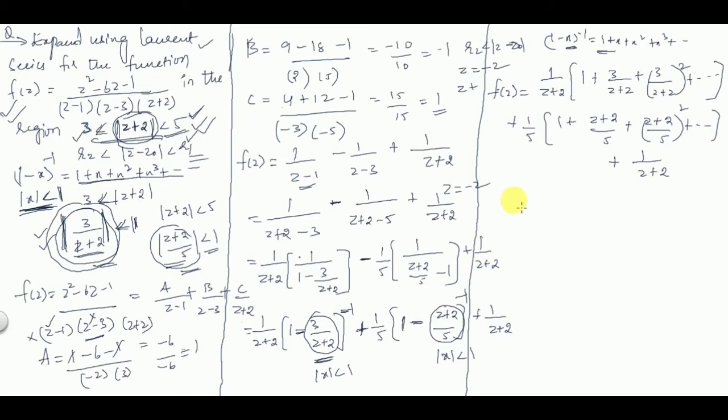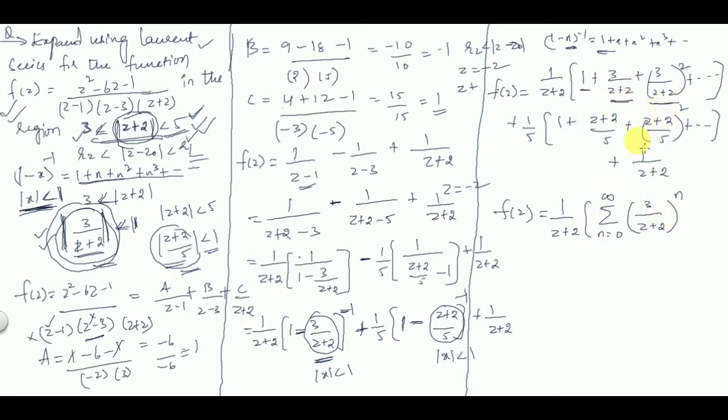Okay, so this is an infinite series. If you want to represent it in summation form, how can you represent it? 1 by z plus 2 into summation n equal to 0 to infinity of 3 by z plus 2 whole to the power of n. If you substitute n equal to 0, this becomes 1, so that is the first term. When you substitute n equal to 1, that becomes 3 by z plus 2.